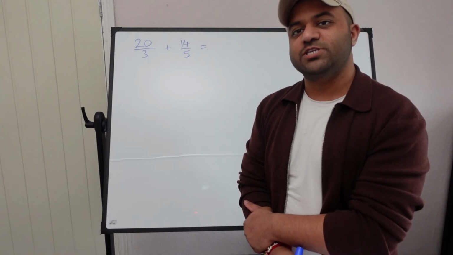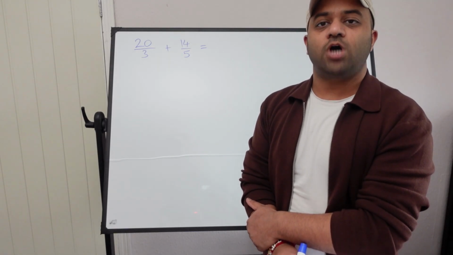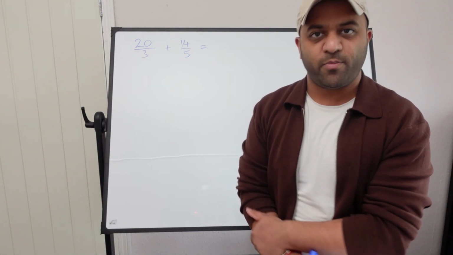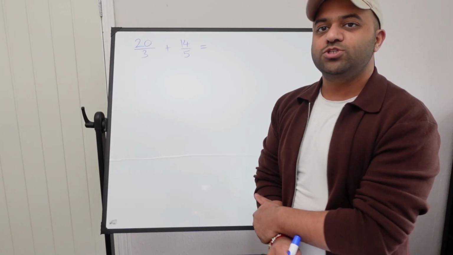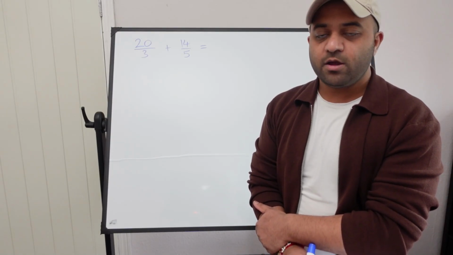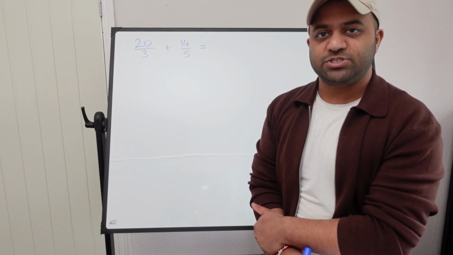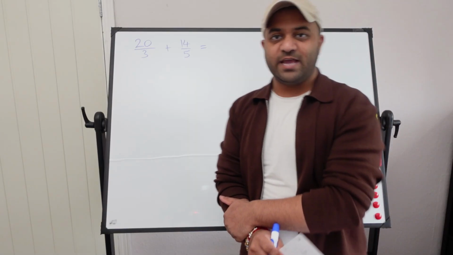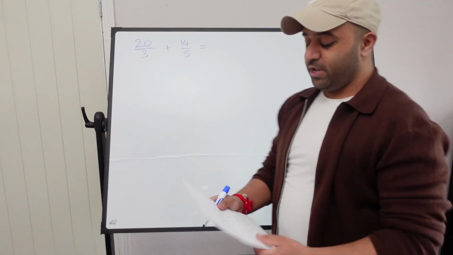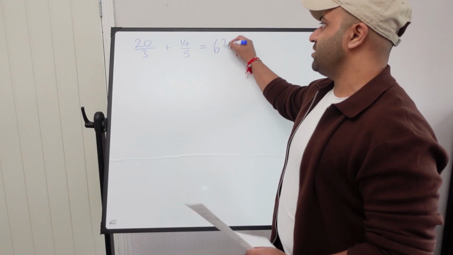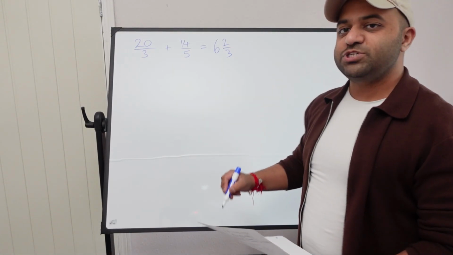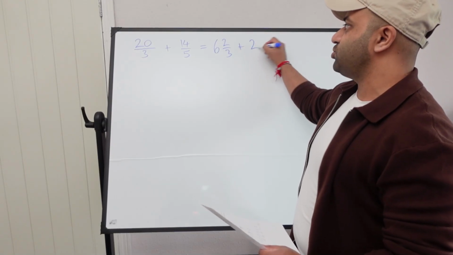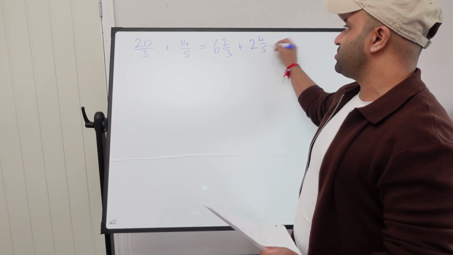Okay, in this example, we have 2 top-heavy numbers, or improper fractions. So what we'll do to make things easier, we can change them into their mixed number form, and the resulting fraction will be much easier to add together. So 20 over 3 is the same as 6 and 2/3, and 14 over 5 is the same as 2 and 4/5.